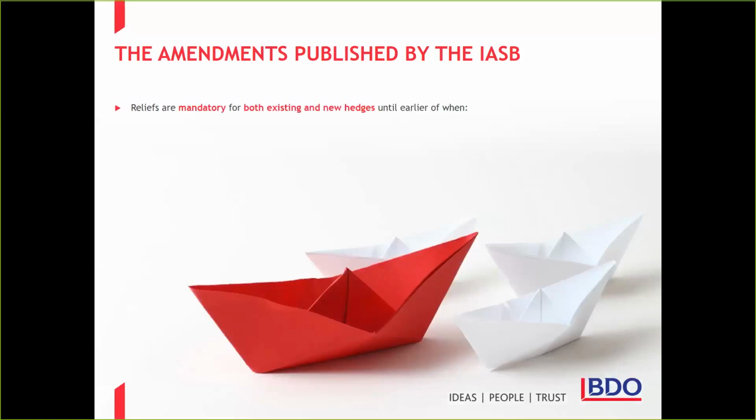They are mandatory for all relationships to which hedge accounting is being applied as at today if the amendments are early adopted, and are mandatory until the uncertainty arising from the reform ceases, which is subjective and involves consideration of interbank offered rates separately in terms of their impact based on the relevant facts and circumstances, or the hedge accounting relationship is discontinued, which is objective as either the hedging instrument is extinguished, the cash flow hedge reserve is reclassified in its entirety to profit or loss, the fair value hedge adjustment is amortised to profit or loss, and so on and so forth.